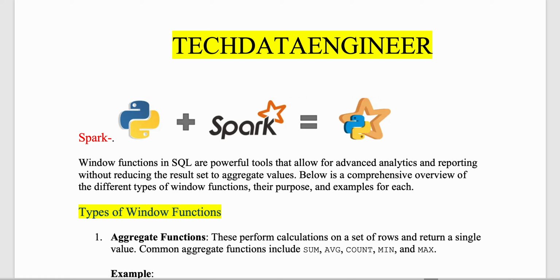There are certain things which are required for window functions. First, the OVER clause, which defines the window of rows the function operates on, like PARTITION BY and ORDER BY. There are certain columns in your table, so you want to partition by a particular column, or you want to order by a particular column for your ranking or for any cumulative calculations.